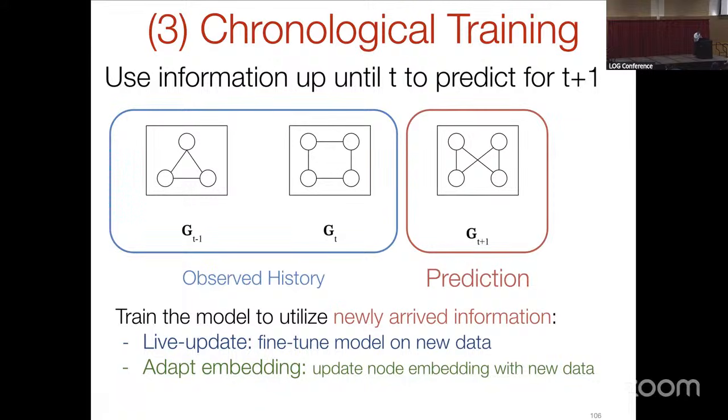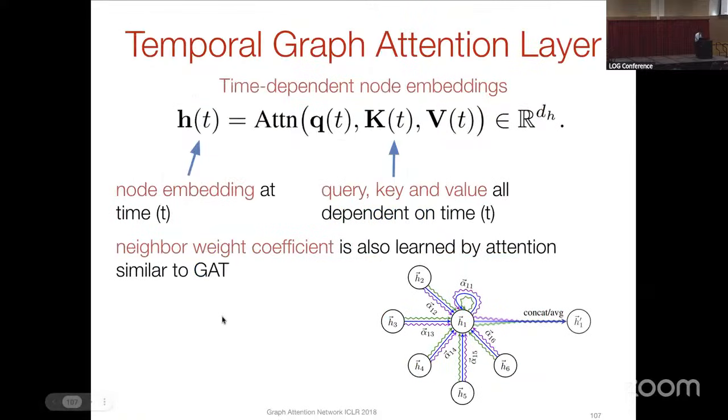The model is constrained to the information until current time t, and then always predicts for t plus 1. You train it over many, many days. Through this training, the model can learn to leverage that information. And when it sees a new day coming in, it will use that information to do the prediction, right?